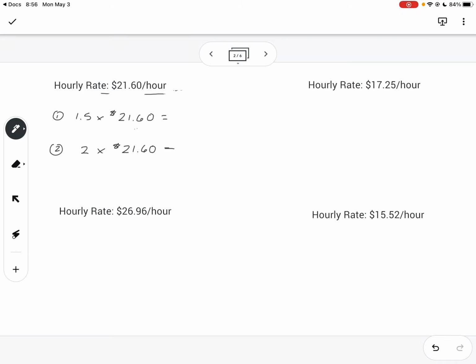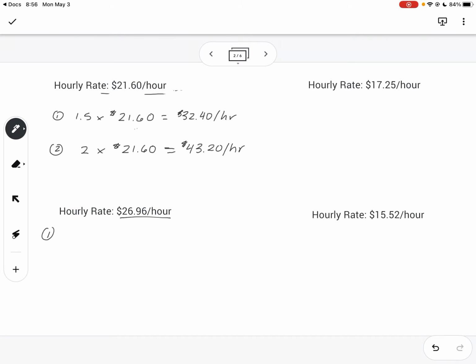So the first one is 1.5 times 21.60, which would be $32.40 per hour. And then your second rate is going to be 2 times 21.60, which would be your double time rate. So $43.20 per hour. Let's do another example down here.